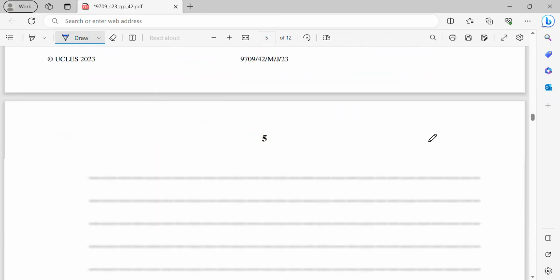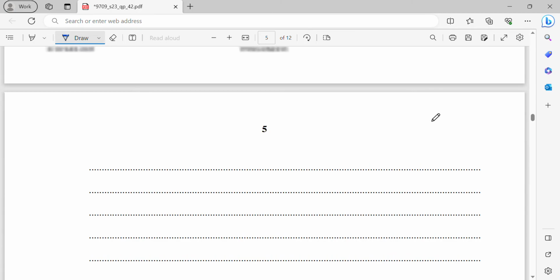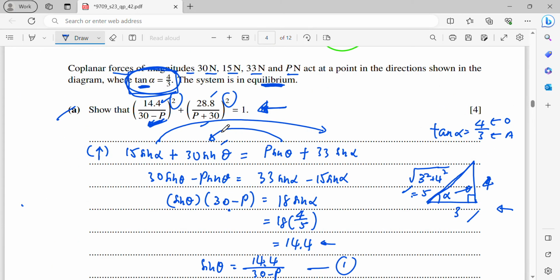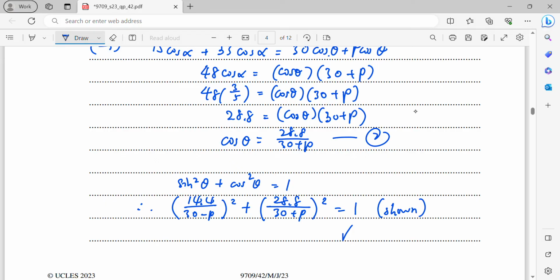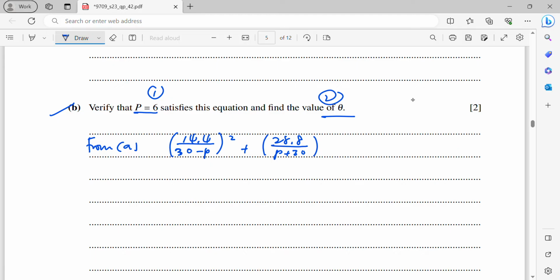So from here I will just rewrite from A, 14.4 over 30 minus P, squared, plus 28.8 over P plus 30, squared, equals 1.